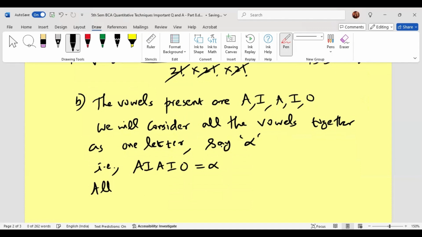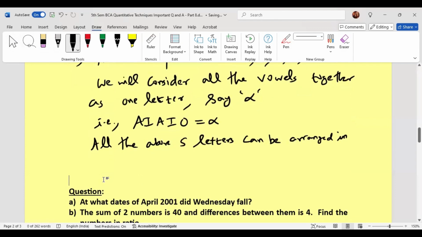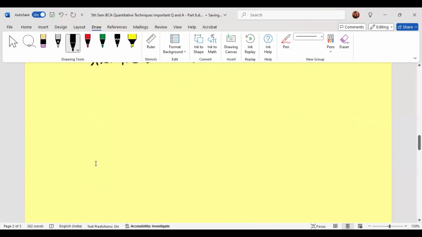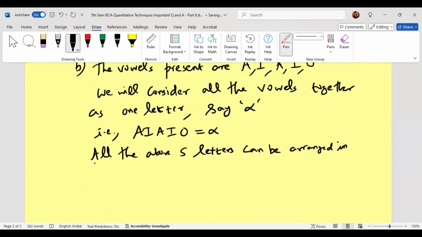All the above 5 letters can be arranged in how many ways? Totally 5 letters. So we will say 5 factorial divided by 2 factorial, 2 factorial, as A is occurring 2 times, I is occurring 2 times, and O is occurring once only.